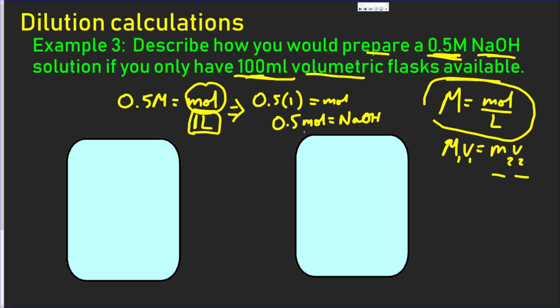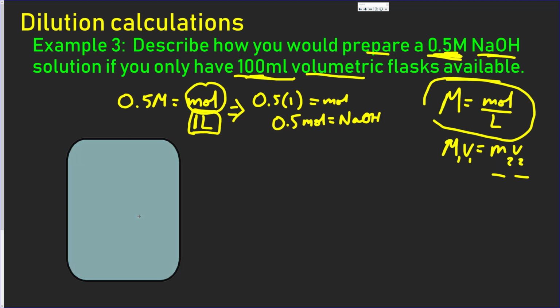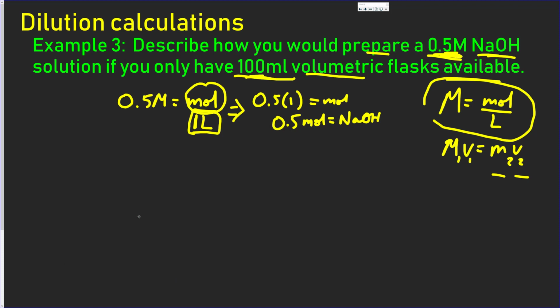This 0.5 moles is for 1 liter. It doesn't matter, because this is your molarity, which is moles per liter, so we can assume that. The next step is that I have moles. What do you think we can do with the moles? You probably guessed that you can take these moles and change them into grams.